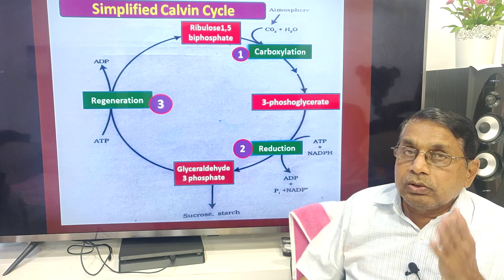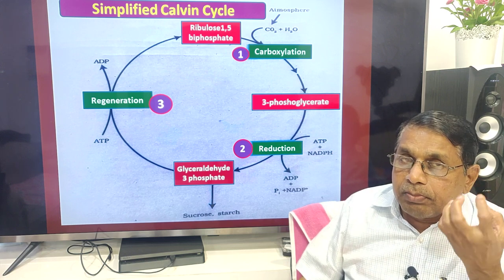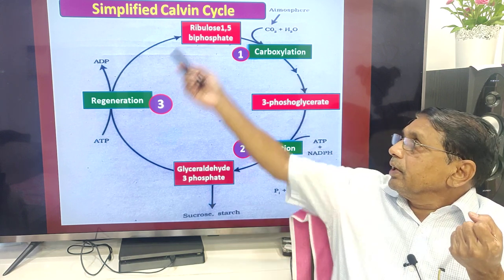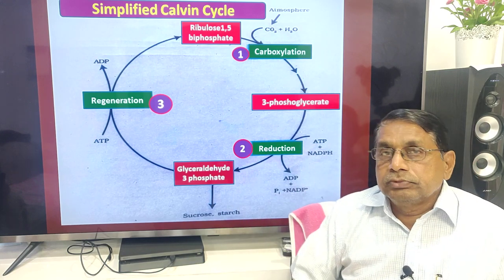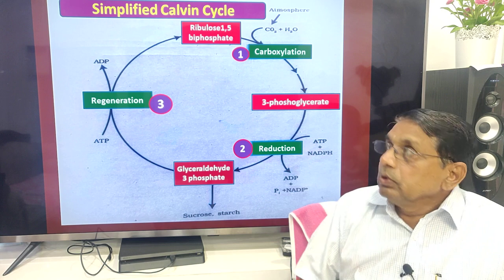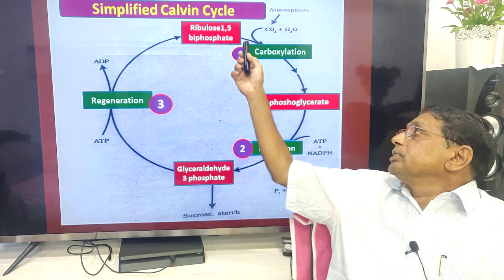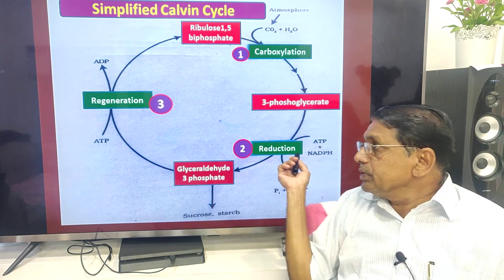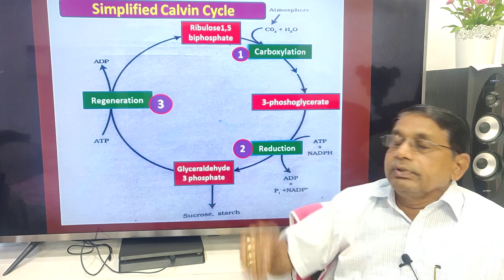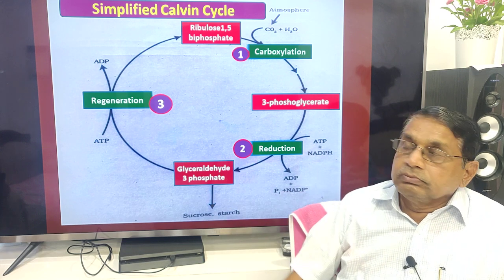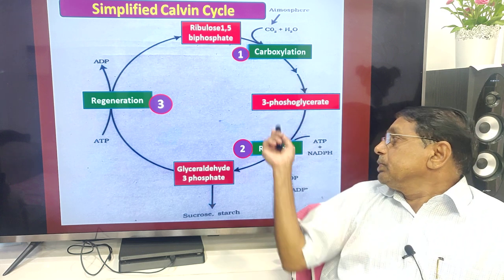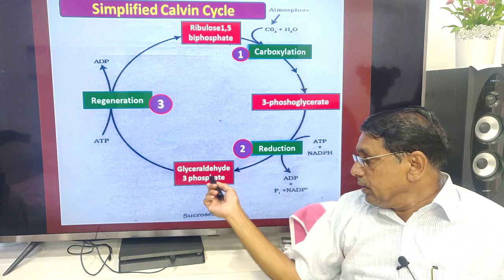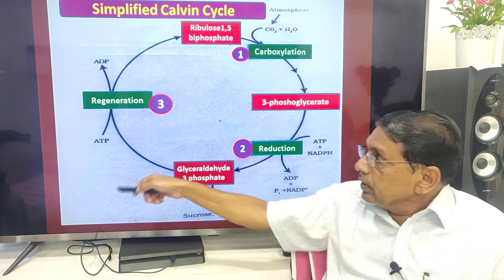Therefore, in order to synthesize 1 complete glucose molecule, this entire Calvin cycle has to take place 6 times, 6 cycles. So thus, carboxylation phase, reduction phase, regeneration phase. Fixation of carbon dioxide, reduction of phosphoglycerate to glyceraldehyde, then production of the glucose, then regeneration.